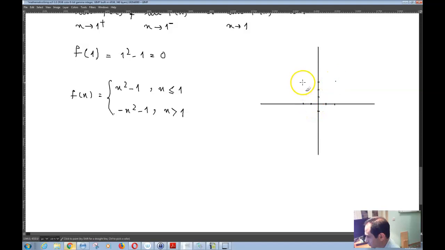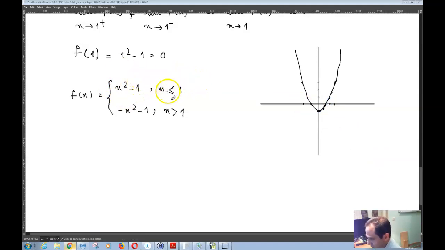So your function would go through these 2 points over here. Okay, so that would be your function. This would be f of x is equal to x squared minus 1.